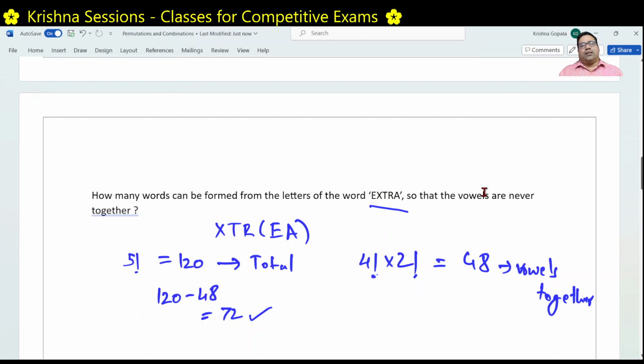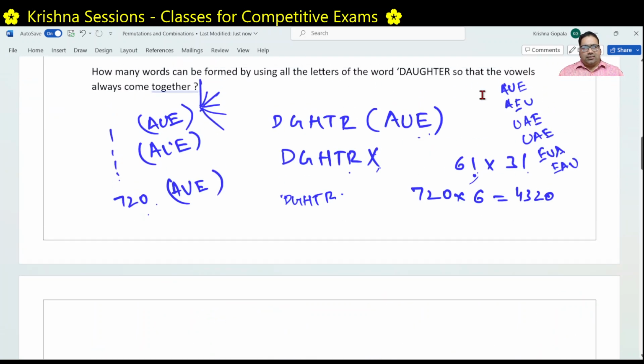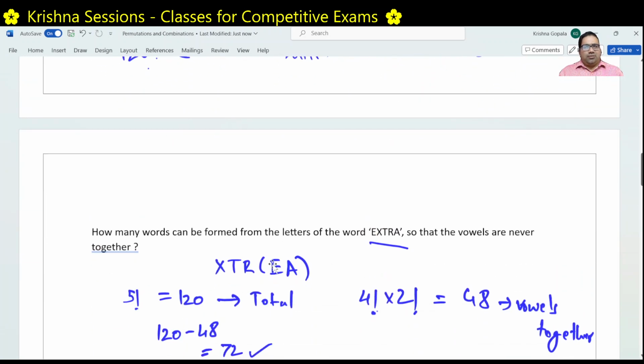Now, if vowels are together, how many permutations are possible? If E and A have to be together, then we have X, T, R and the EA block: total 4 slots. So 4 factorial, into E and A, which can be ordered with E first or A first, into 2 factorial. 2 factorial is actually 2.